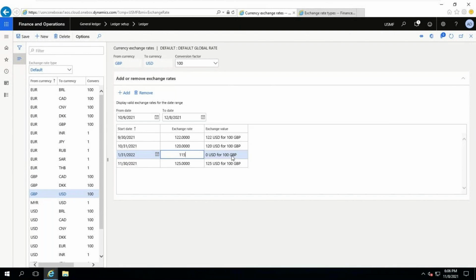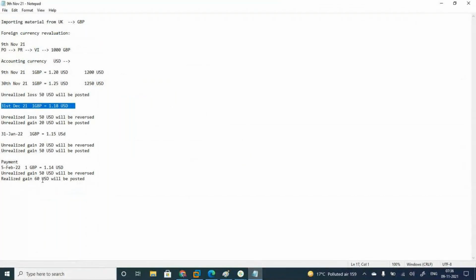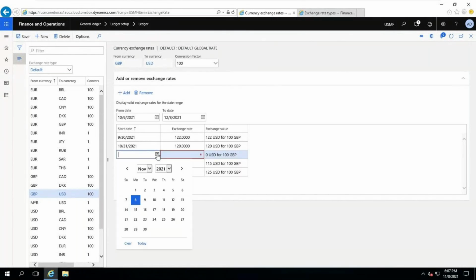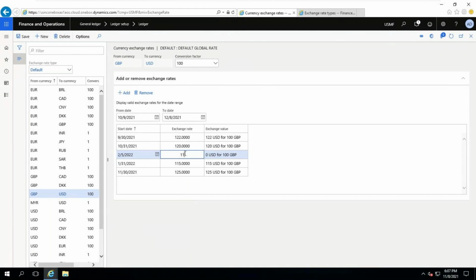So that is this one. Okay, next. Suppose on 4th Feb it is 1.14. Or 4th or 5th, so I am making it 5th Feb. $114.